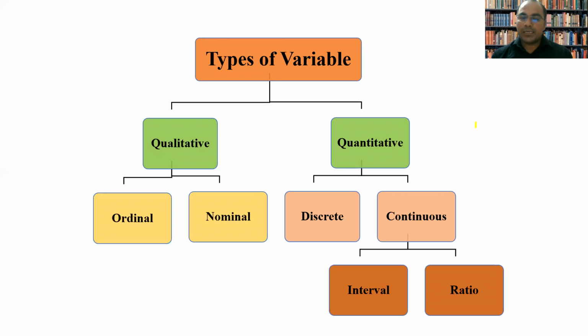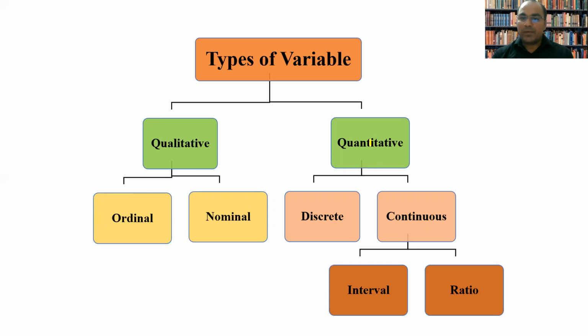Now, what are the types of variable? As I said, there are two types of variable, qualitative variable and quantitative variable. Qualitative variable is divided in two parts, ordinal variable and nominal variable.